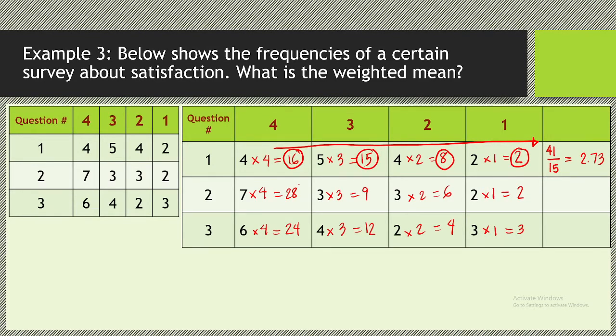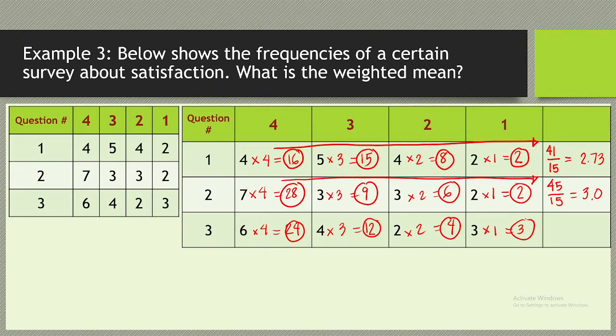Do the same thing with question number 2. You simply add all these numbers, so meaning 28 plus 9 plus 6 plus 2. The result is 45. 45 divided by 15 again, because there are 15 who answered this survey. The result is 3.0 or 3. And lastly, for the third question, you add 24 plus 12 plus 4 plus 3.